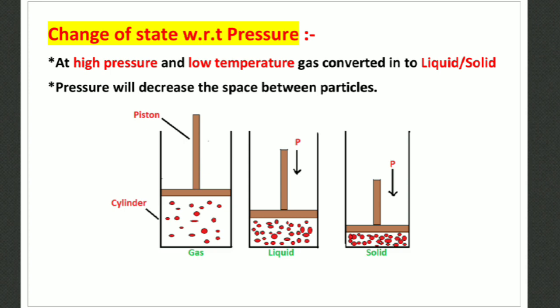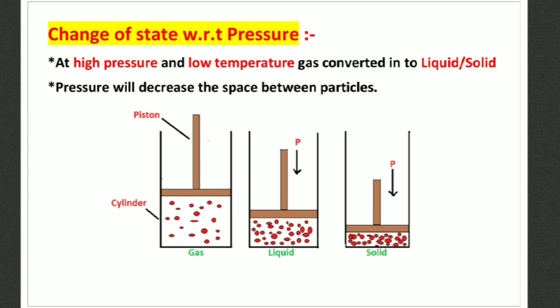Now look at this diagram. There are three cylinders. The first cylinder is the gaseous state, the second is the liquid state, and the third is the solid state. Okay. In this cylinder there is a piston which can move in a downward or upward direction. So the first cylinder contains the gaseous particles which are moving freely around the system.